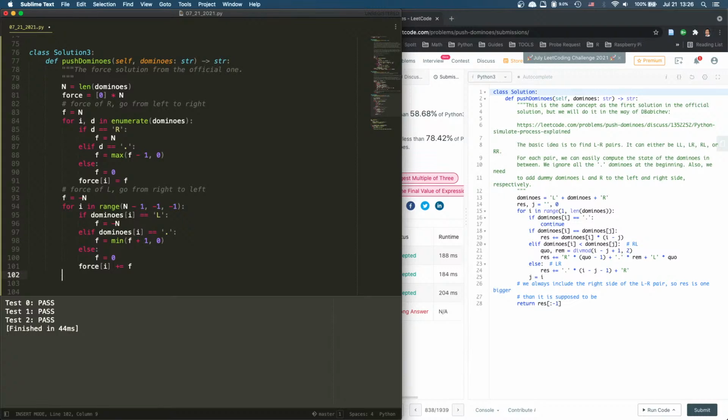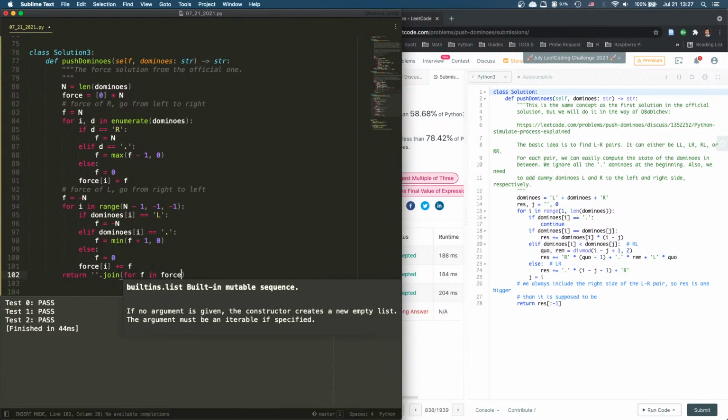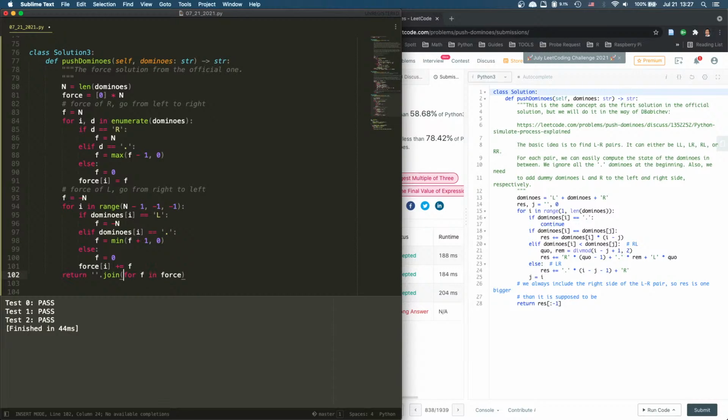Now we're going to say return dot join for F in force, and this one is going to be R if F is larger than 0, else this if F is smaller than 0, else dot.